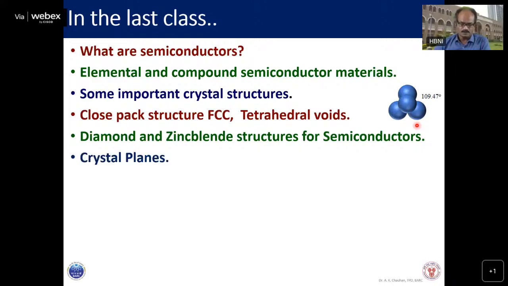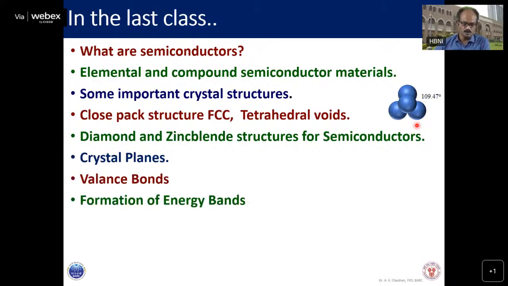This we saw yesterday. Then we also saw different crystal planes, because crystal planes are important. There are many properties of materials which are direction dependent, and therefore we got an idea about the crystal planes a little bit. Then we saw valence bond, formation of energy bands.